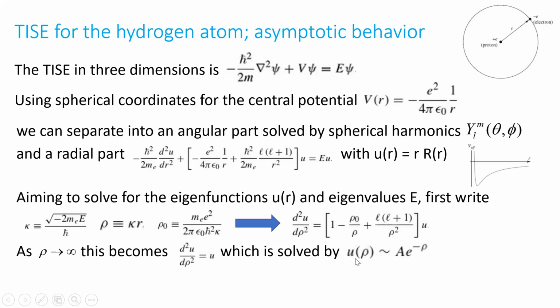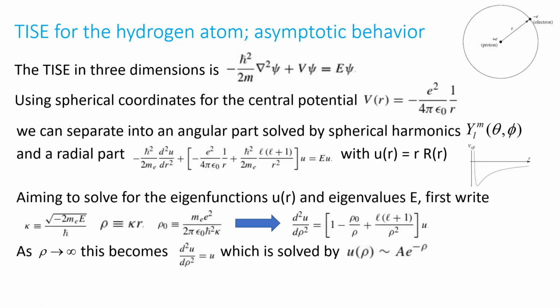And that's solved by an exponential. It has to be a negative exponential so that it drops off to 0 at infinity, so it has a chance of being normalizable. So as rho goes to infinity, this would be solved by u of rho approximately a e to the minus rho. Okay, so just a decreasing exponential.